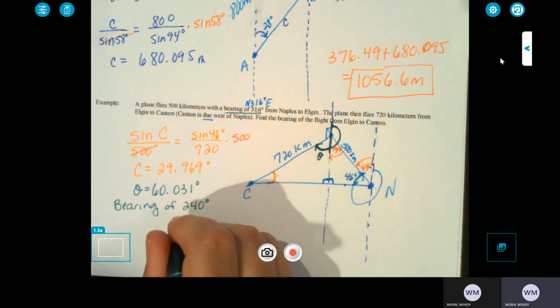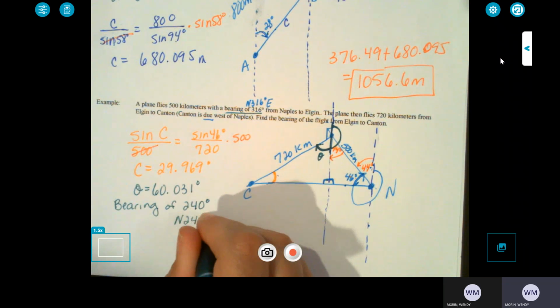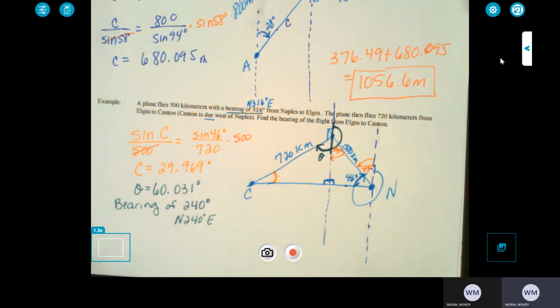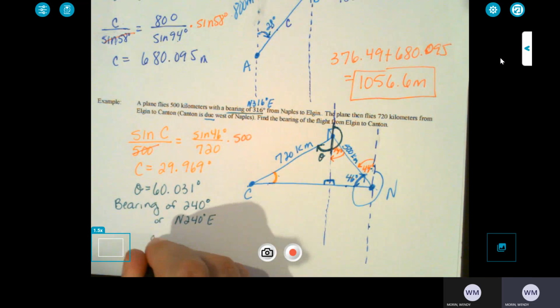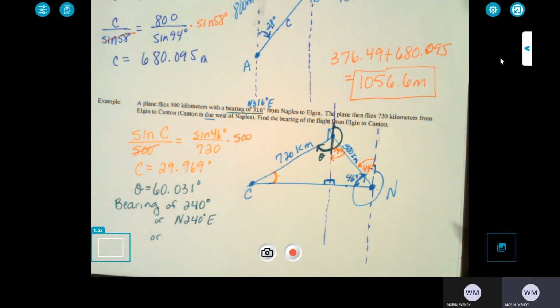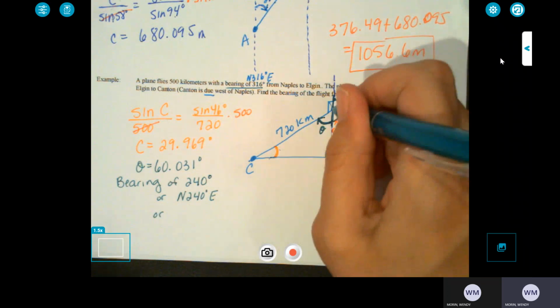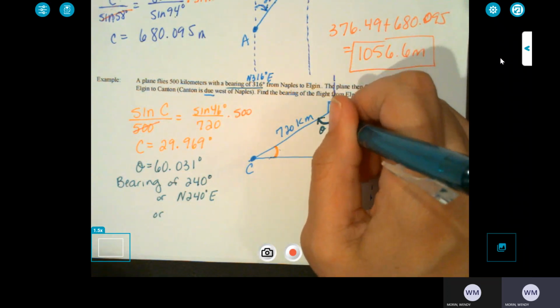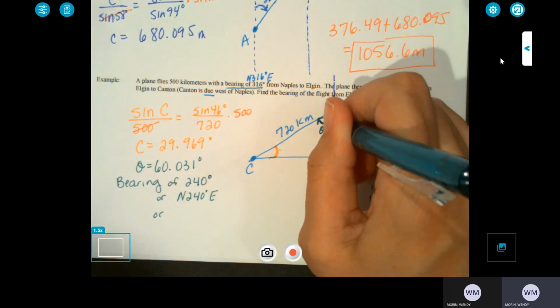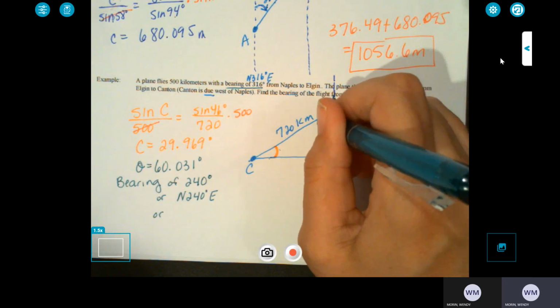That's the same thing as saying north 240 degrees to the east. Or you could start from the south if you tell me you're starting from the south. So from the south of Elgin, how much do I rotate this direction?